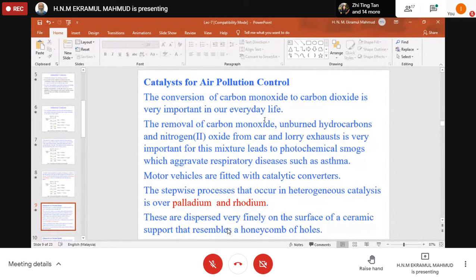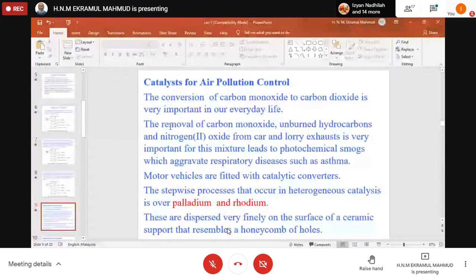Carbon dioxide is also a pollutant, very true, but carbon monoxide is more harmful than carbon dioxide. Carbon dioxide is still treated as not that harmful. If we have a lot of plants, trees and biomass around us, they can absorb this carbon dioxide. So it is also good, no problem. But carbon monoxide is a problem for everybody, everything, right?